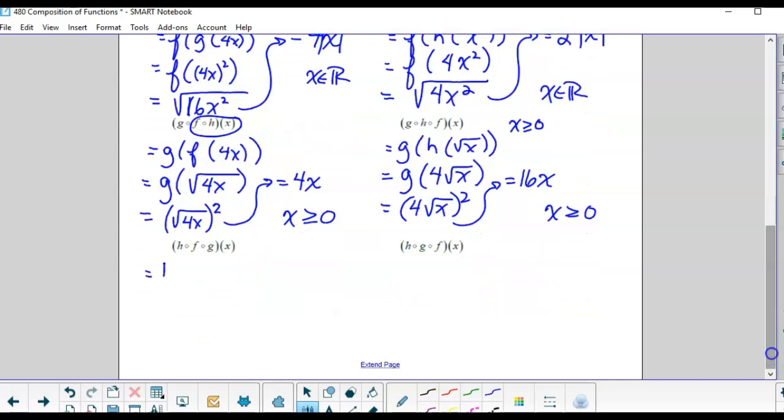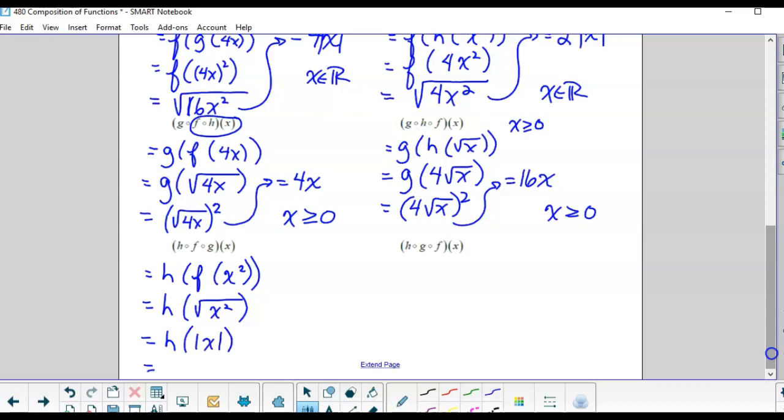Then h of f of g of x is x squared. H of f is square root of x squared. And then h, square root of x squared is absolute value of x.